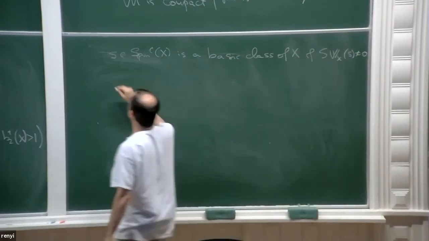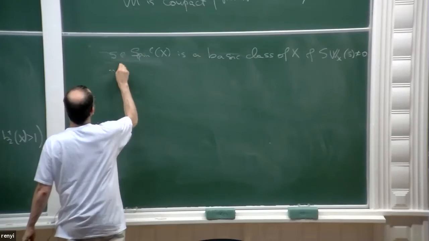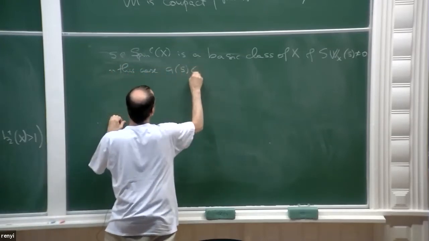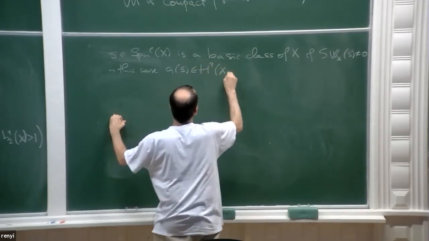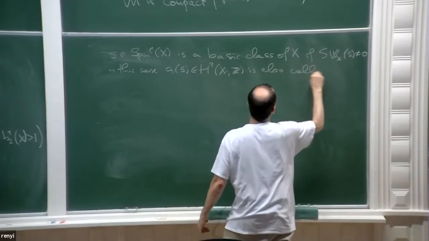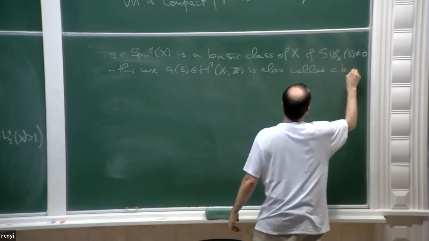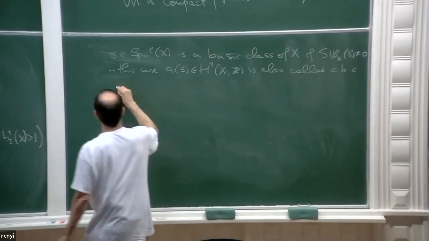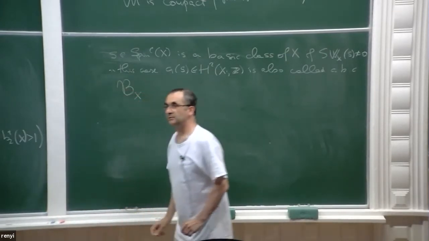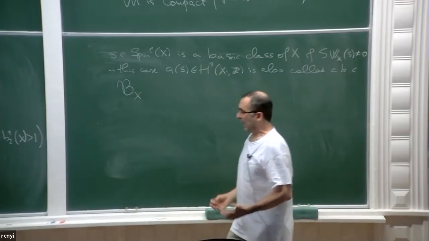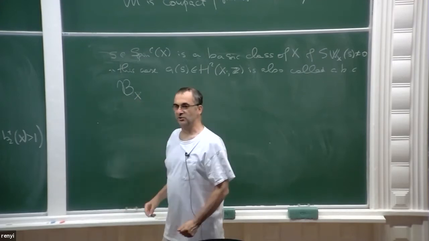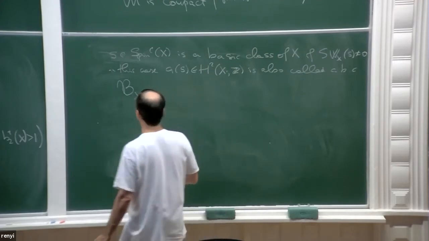And likewise, in this case, C1 of S, which is in the second cohomology, is also called a basic class. So the set of basic classes is denoted by this Bx. And as the Seiberg-Witten function is a differentiable invariant, this set is also a differentiable invariant.